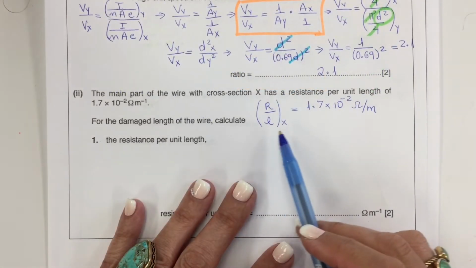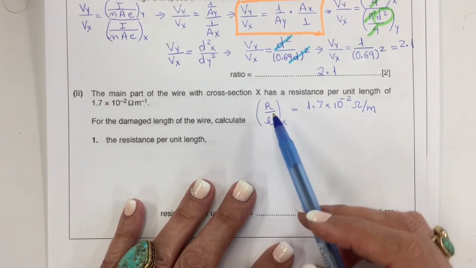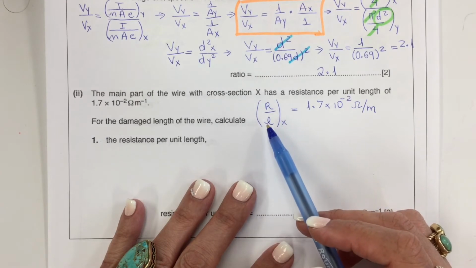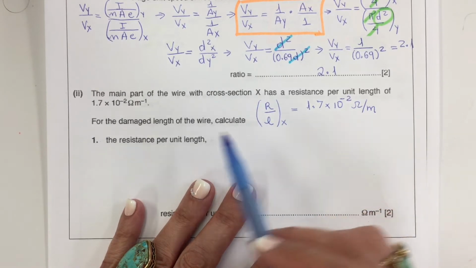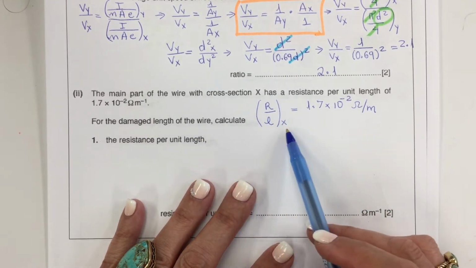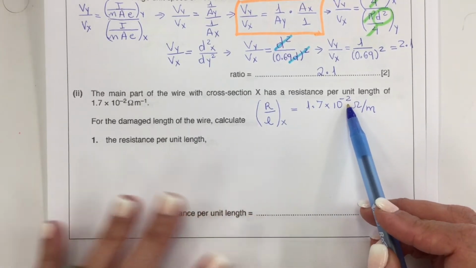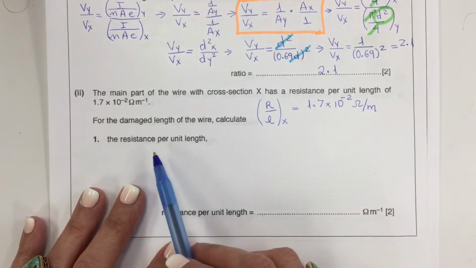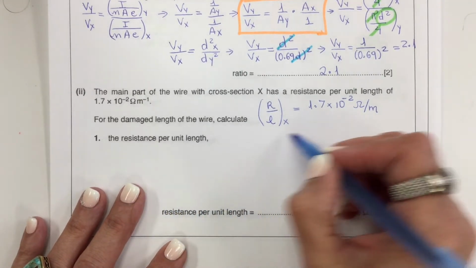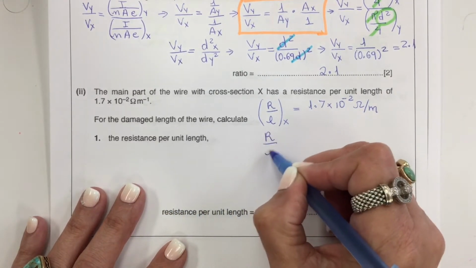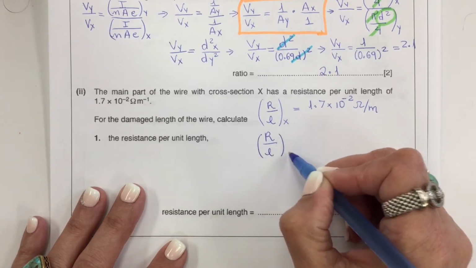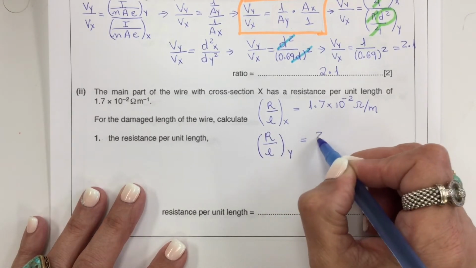So this question provides the resistance per unit length for the section X, which is 1.7 times 10 to the negative 2, and is asking for the resistance per length for the damaged section.